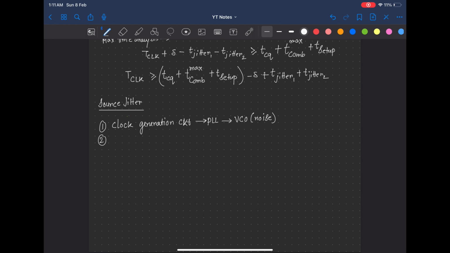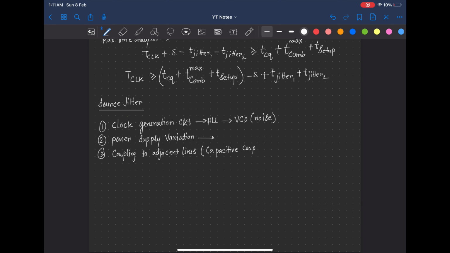Those can impact. Second, power supply variation. And third, coupling to the adjacent line, actually a capacitive coupling between two signal nets.